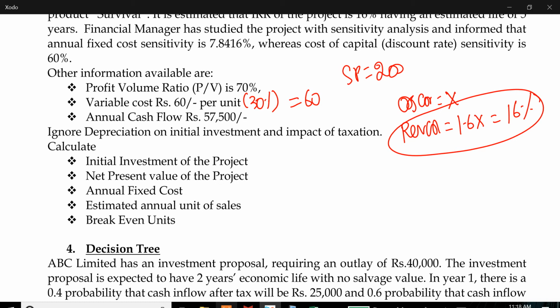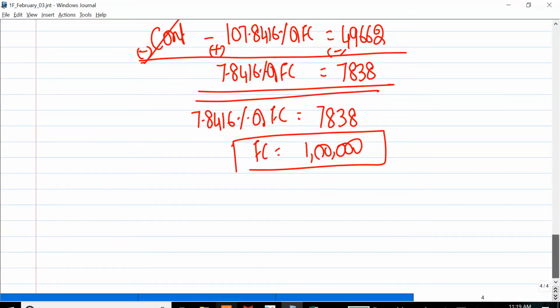Point number 1. Annual contribution equals annual cash flow plus annual fixed cost. We are going in the reverse order.